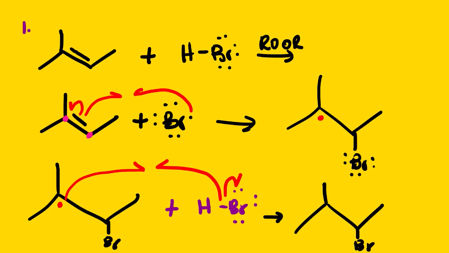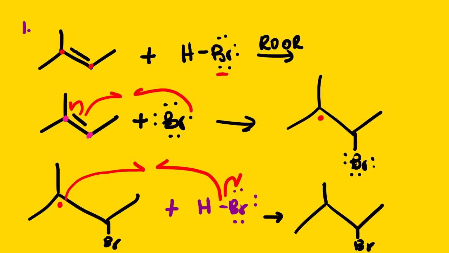Now you can see that following this mechanism, it has yielded an anti-Markovnikov product. According to the Markovnikov rule, by just looking at this, we can clearly see that this carbon is tri-substituted and this is di-substituted.